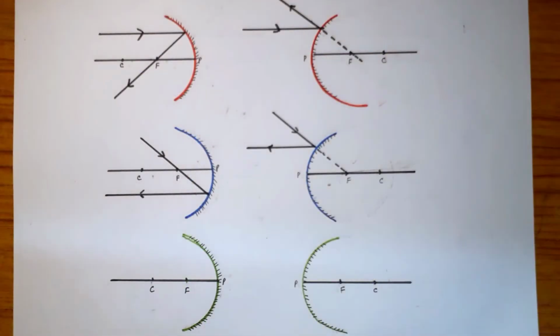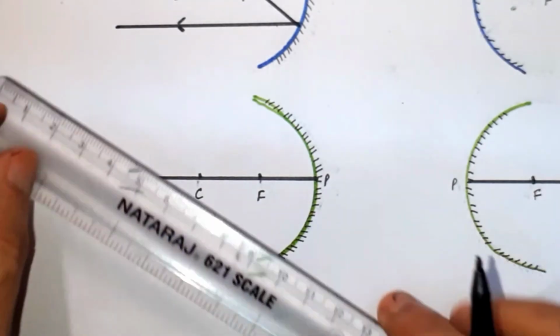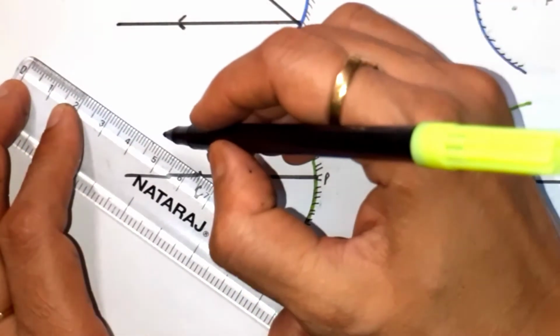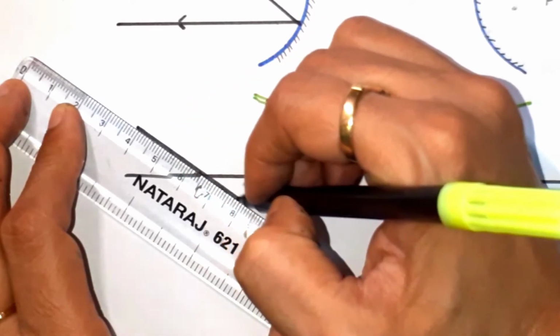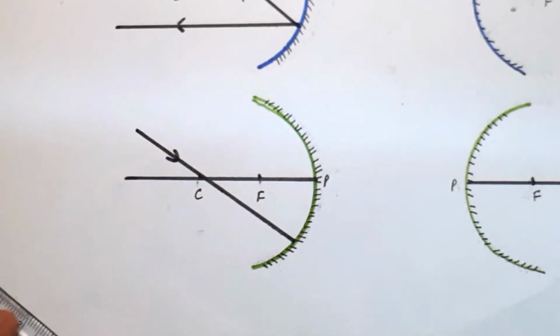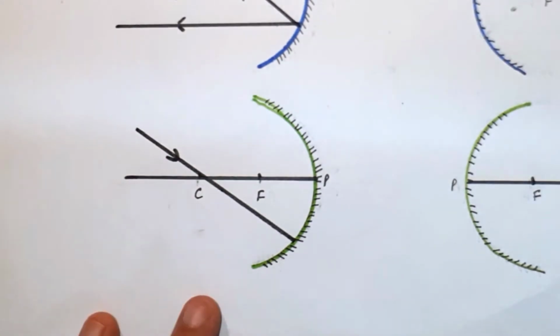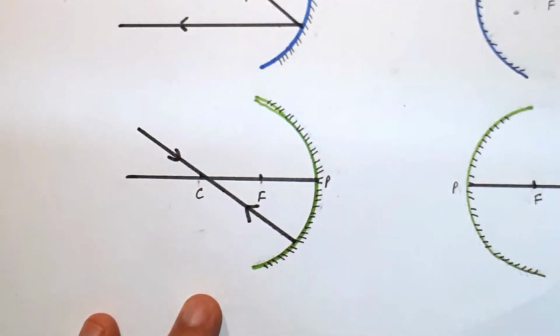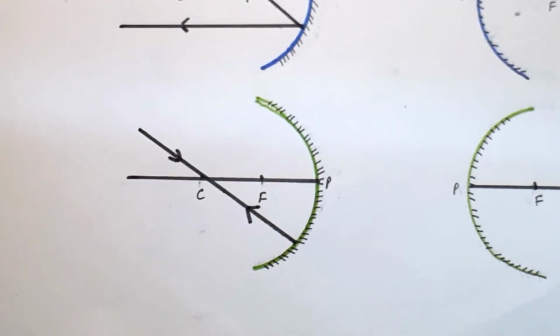Now what is the third law? Again, a very simple thing you should remember. When the ray is coming through the center of curvature, it will retrace its path and it will go back from the center of curvature.